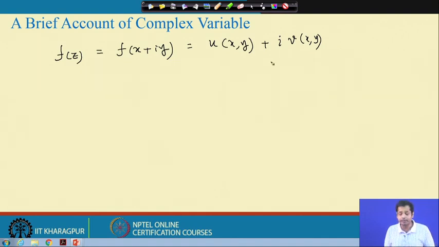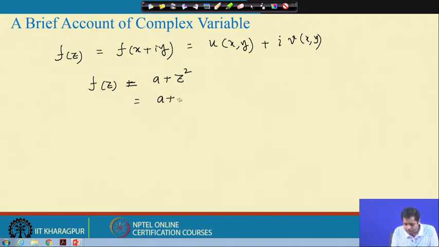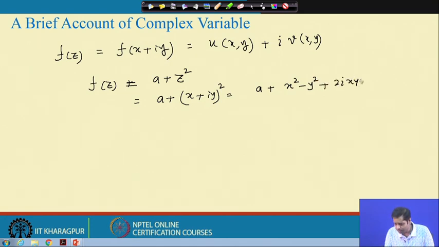U is called the real part and the v is the corresponding imaginary part. For instance, if we take a function, say f(z) equal to a plus z square, then it becomes a plus (x plus iy) square, which essentially becomes a plus x square minus y square plus 2ixy.